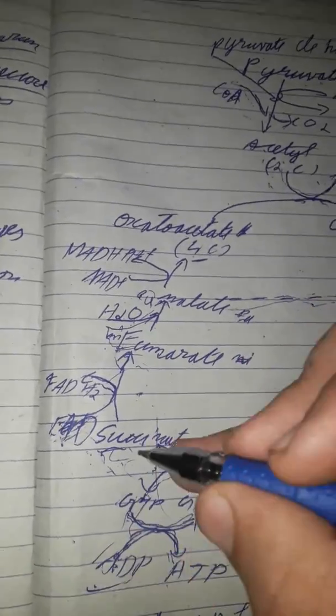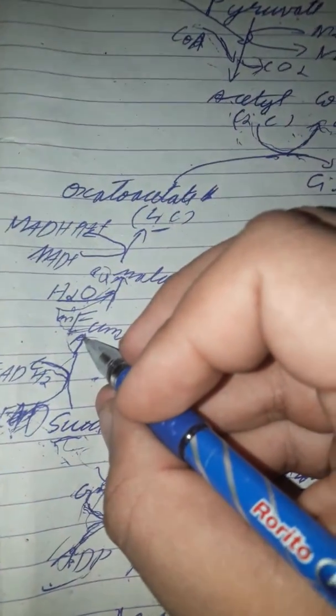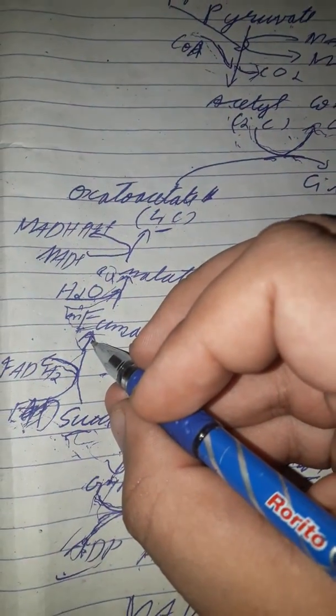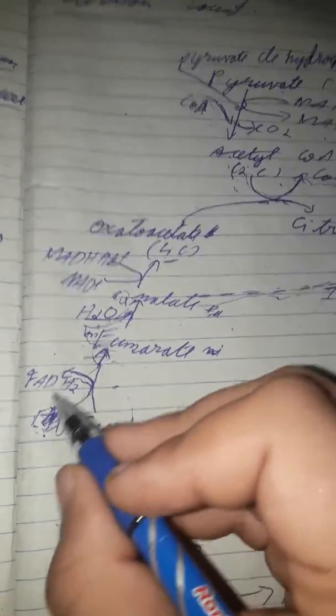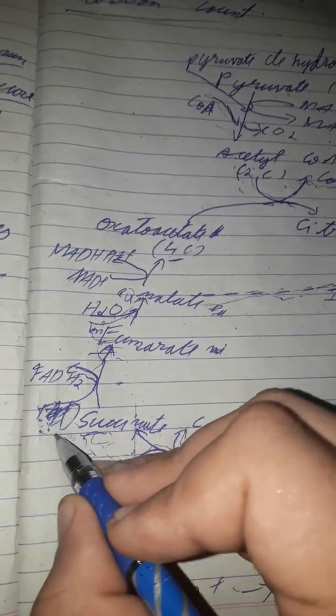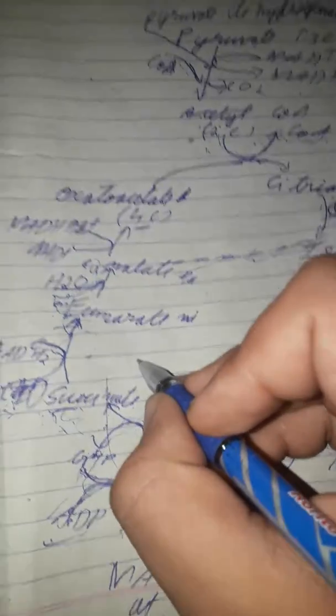Okay. Next step. The succinate is converted into fumarate. So here F and here F. In this step, FAD is converted into FADH2. Which enzyme acts here?